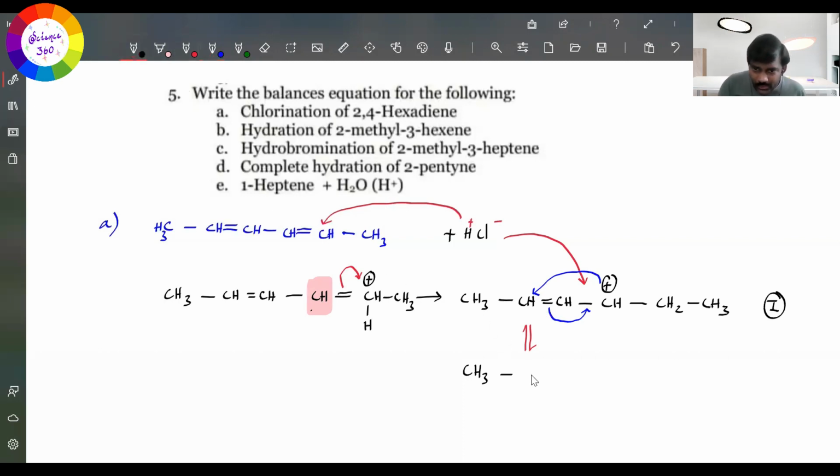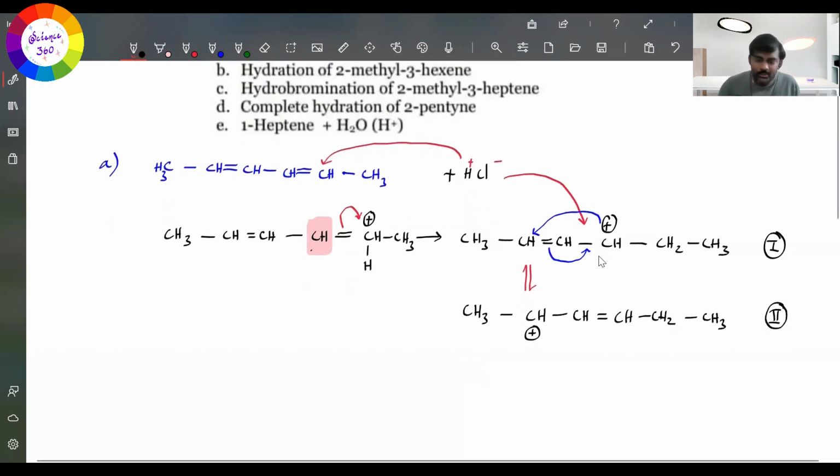So here I'll be getting the positive charge. Here a single bond is there, and here a double bond will come because the pi bond is shifted to that place. This is another intermediate we'll be getting after the shifting of positive charge. This is the second intermediate. From the first intermediate I can get a final product, and also from the second intermediate we'll get a product. That's why we'll be getting two different products.